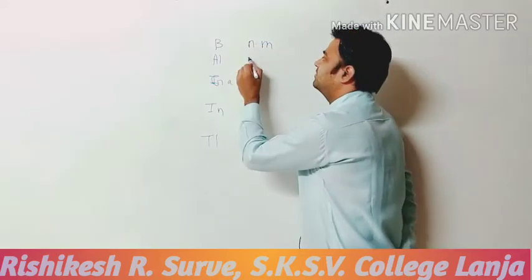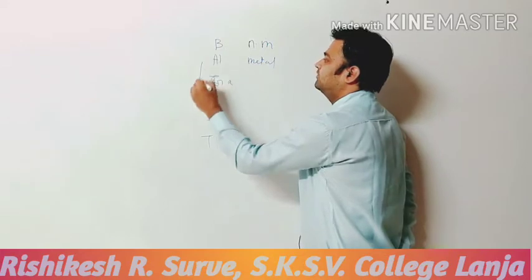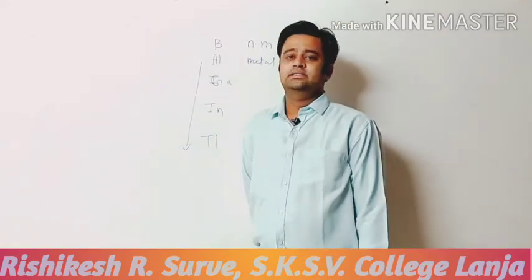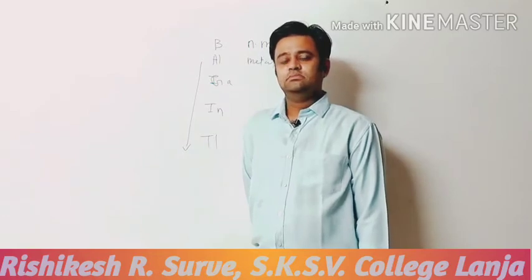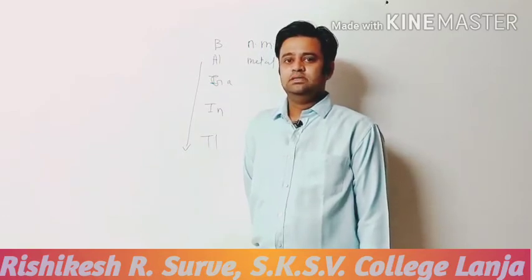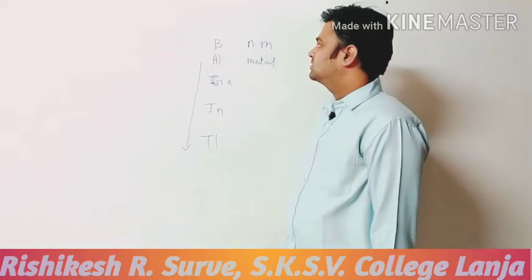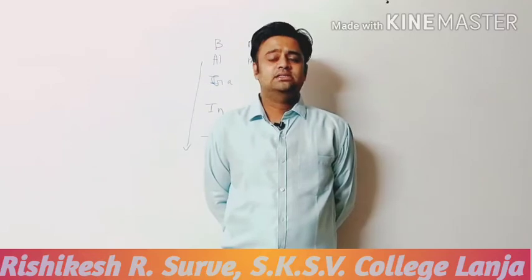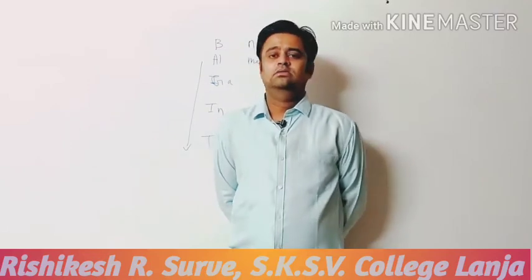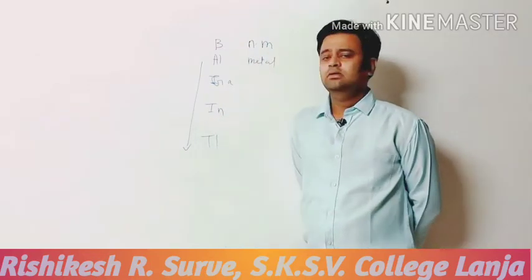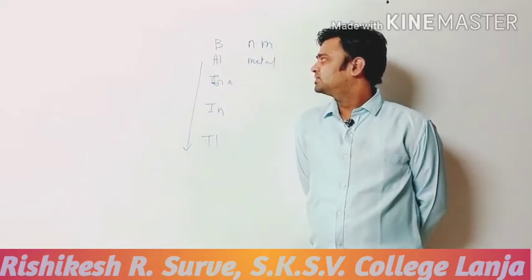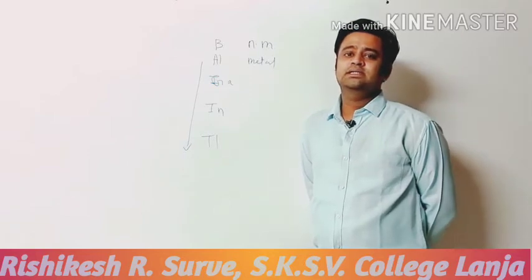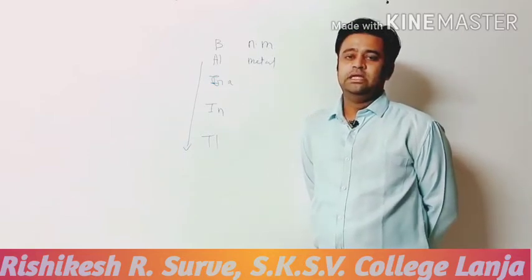Aluminium is definitely a metal, and from here onwards metallic character increases. This is about metallic characteristics. Talking more about the metallic characteristics: boron is a non-metal. Metallic character increases from aluminium to thallium, but this increase is contrary to the regular trend.